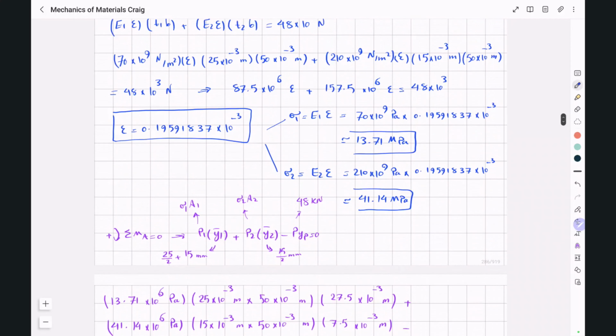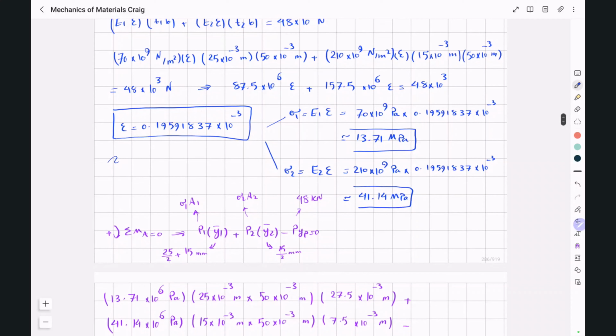And we know elongation of the bar, or E, is equal to epsilon multiplied by L. So epsilon is here, L is 1.5 meters.